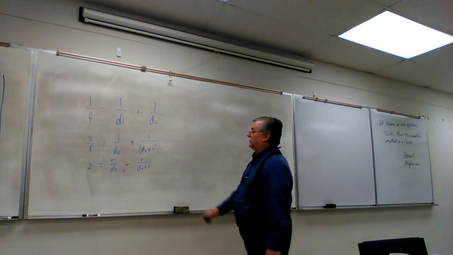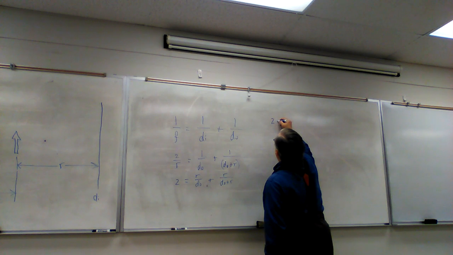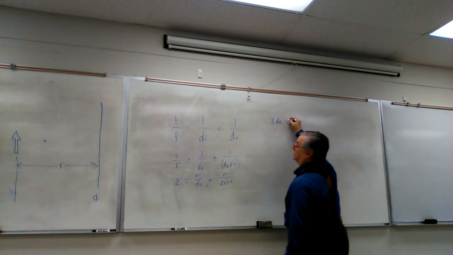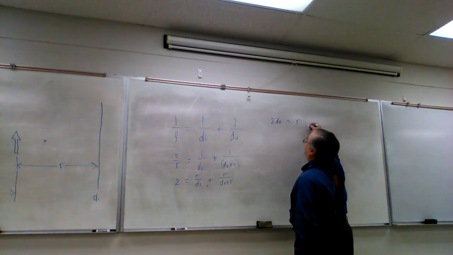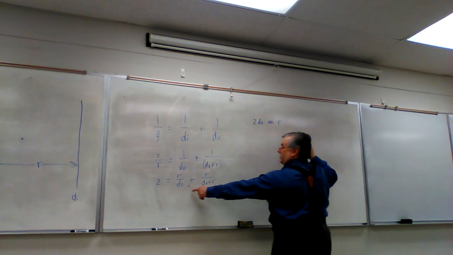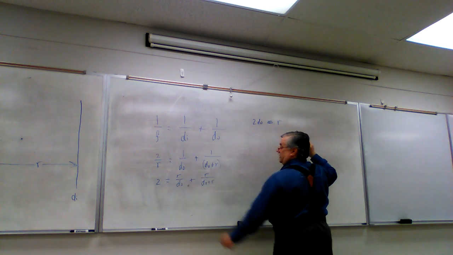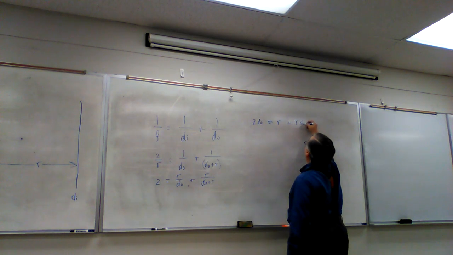And now we can multiply through by d sub O, and we get 2 times d sub O is equal to r, that's an equal sign, r times d sub O cancels out, plus r times d sub O over d sub O plus r.